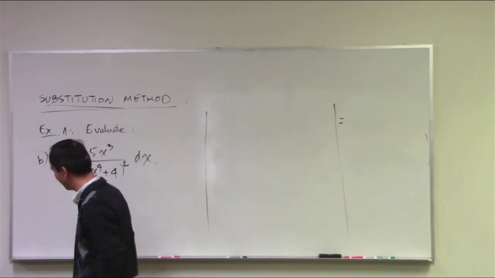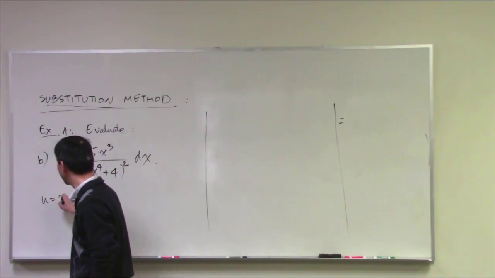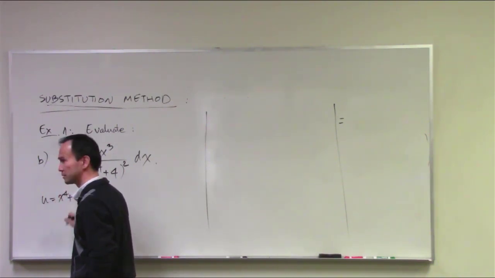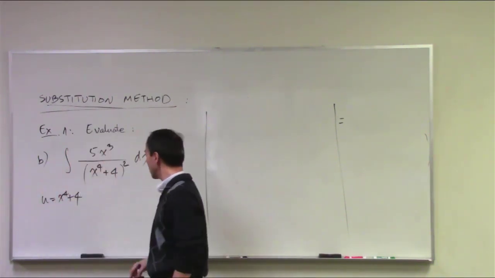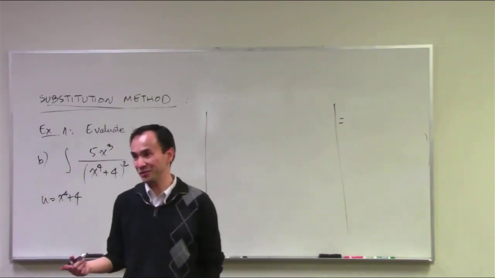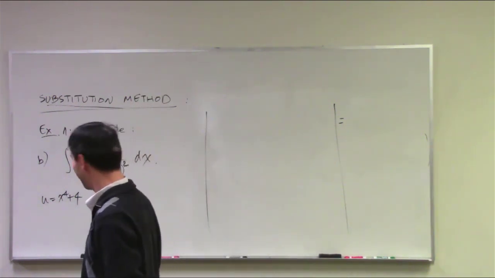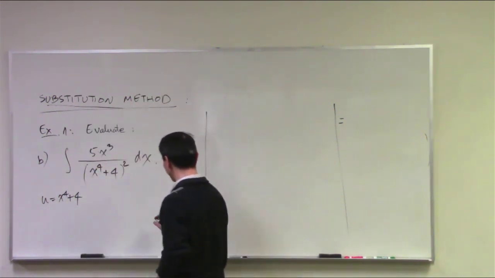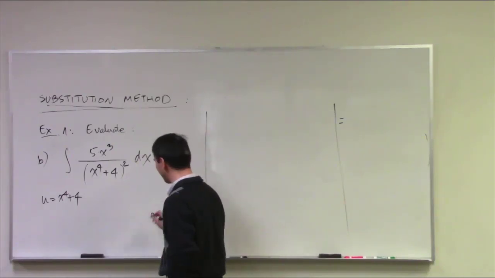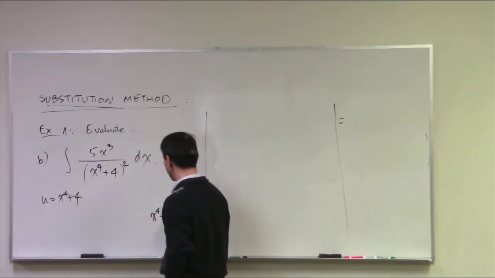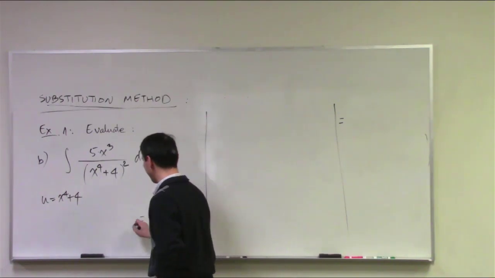Why don't I suggest for you x to the 4th plus 4? Not the whole thing though, just the x to the 4th plus 4. You can also explore on your own time, outside of class, x to the 4th plus 4 all squared. You can let that equal u as well.